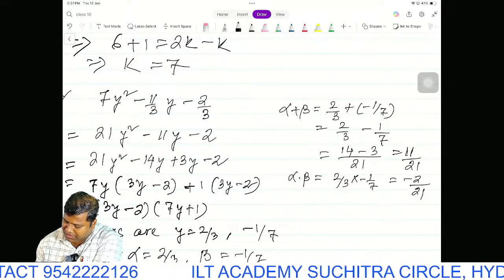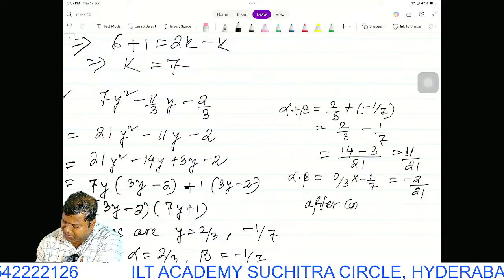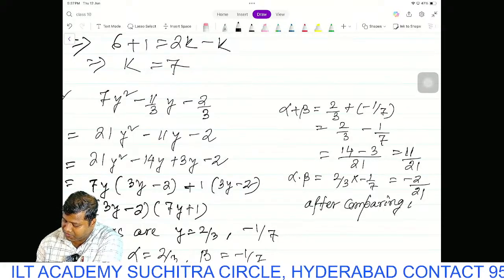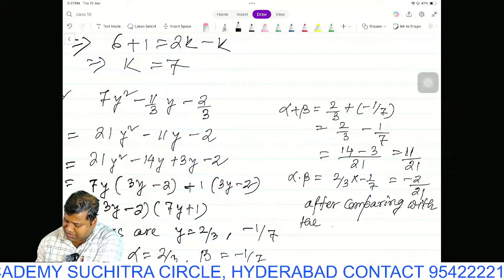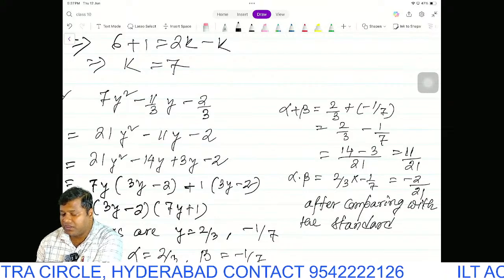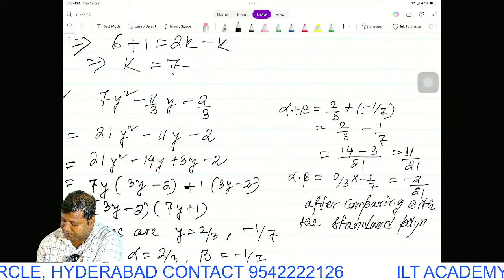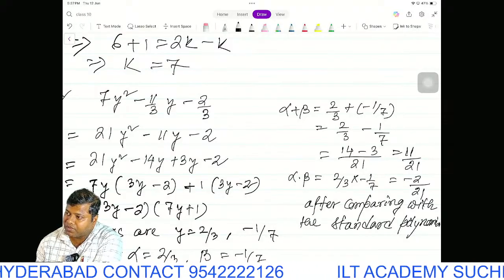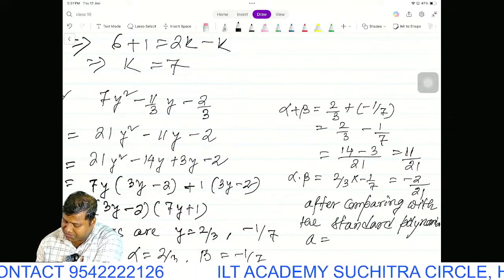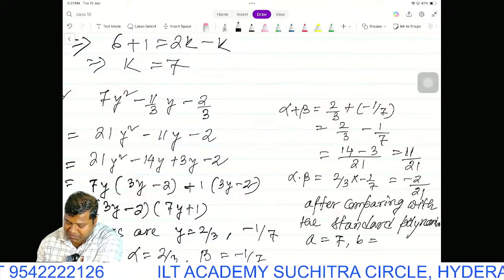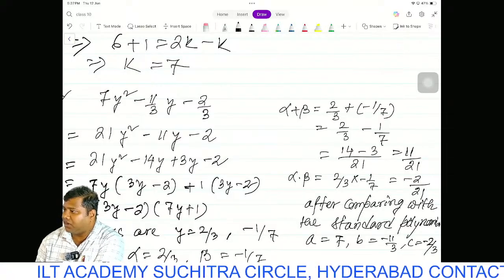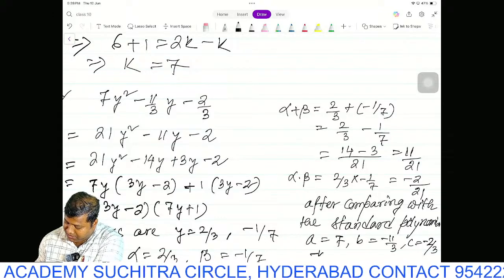So you just write, after comparing with the standard polynomial, what we are getting? a is equals to 7, b is equals to minus 11 by 3, and c is minus 2 by 3. Got it?